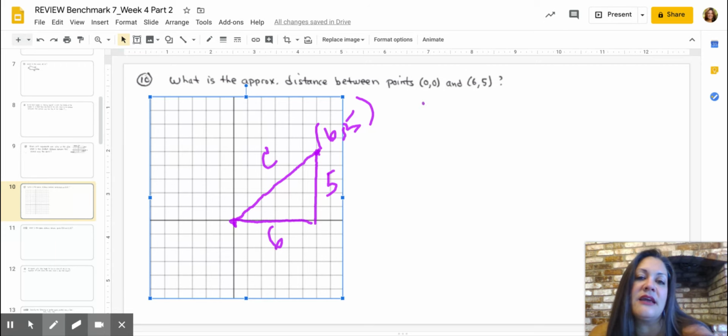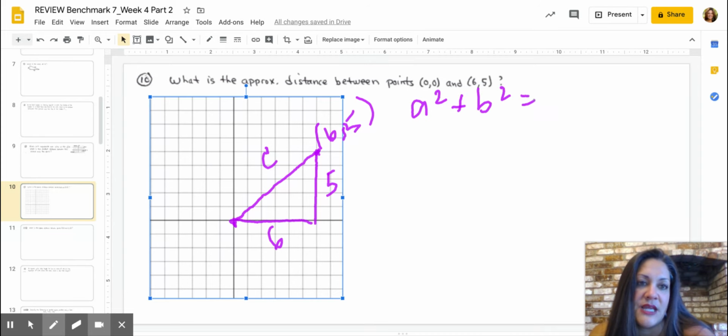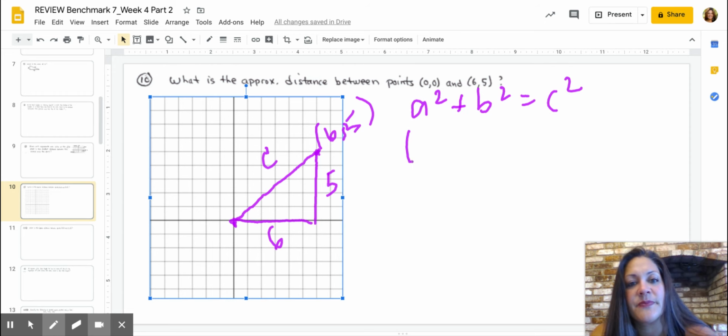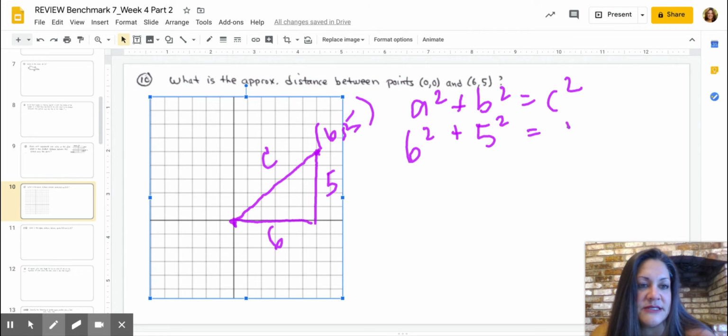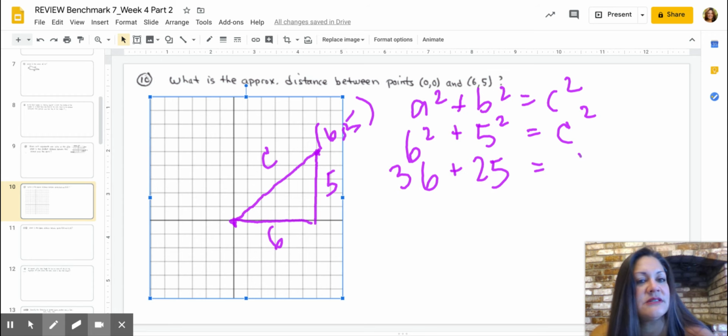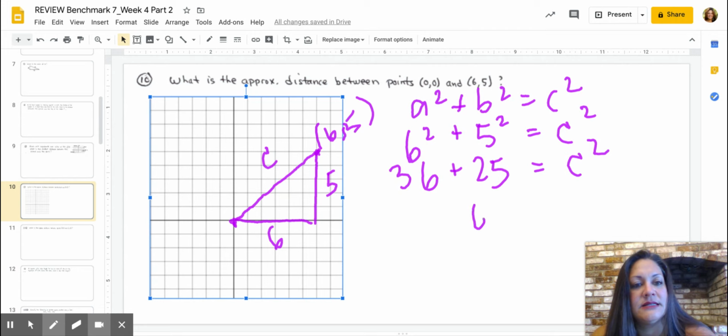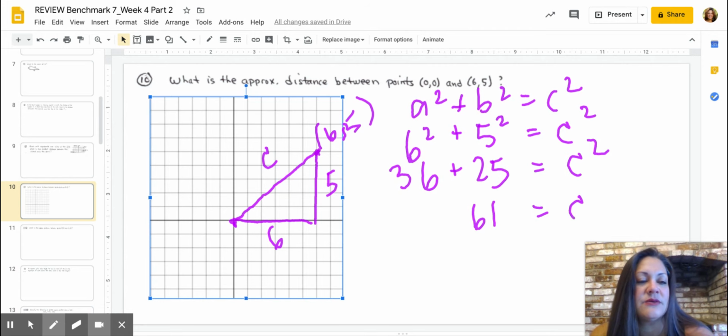So easy. A squared plus B squared equals C squared. Plug in our values. 6 squared plus 5 squared equals C squared. 36 plus 25 equals C squared. And that is going to be 61 equals C squared.